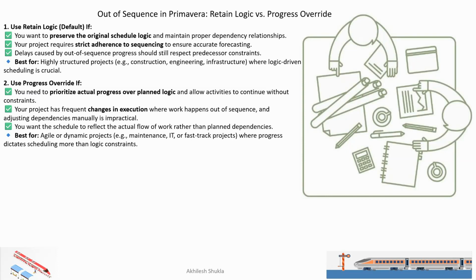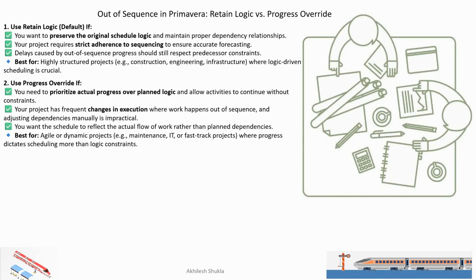Constraint means your predecessor activity linkages. Use it when your project has frequent changes in execution, where work happens out of sequence and adjusting the dependency manually is impractical, and you want the schedule to reflect the actual flow of work rather than the planned dependency. Means whatever is happening on site, you want to show those things, then you can opt for progress override.